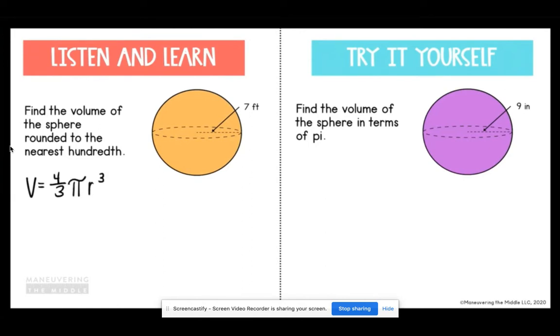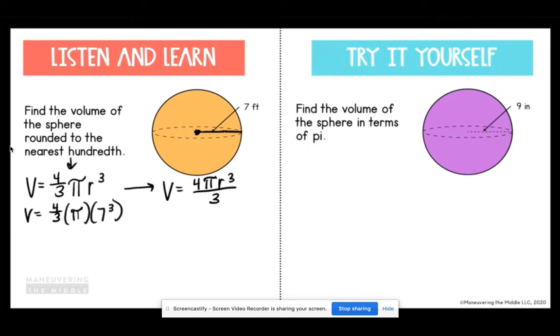If you don't like this fraction of 4/3, you can rewrite the formula differently by saying 4 pi r cubed divided by 3. I'm going to stick to this for consistency, but I would recommend choosing a way that works best for you and sticking with it. Now let's write the formula with our radius substituted in. We look at the sphere, and the radius is here from the center to the edge of the sphere, and it's 7.